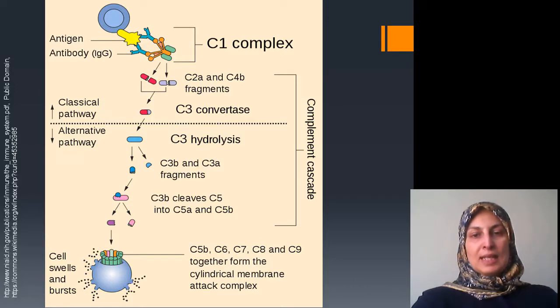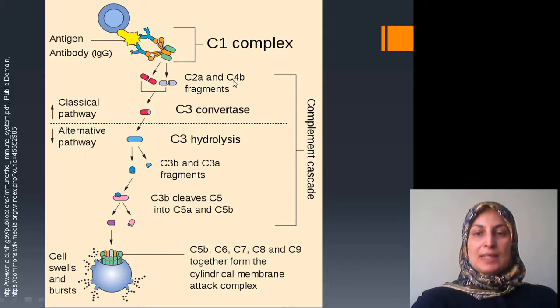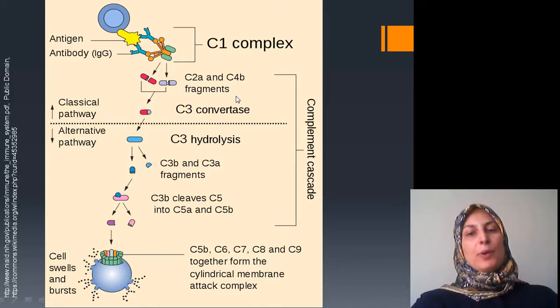So when we see C2a, this means the small fragment of the second complement protein. And when we say C4b, this is the big fragment of the fourth complement protein.